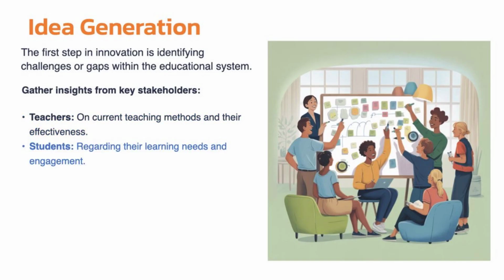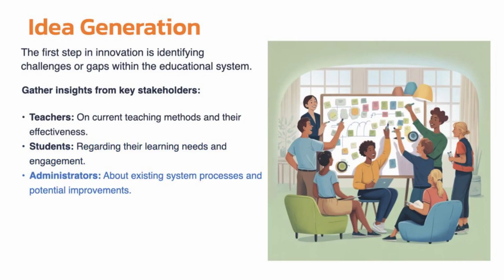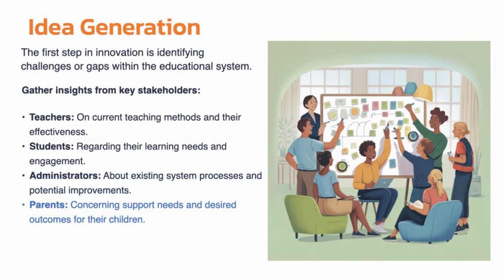Students can tell us what they find engaging, what challenges they face, and which tools help them learn best. Administrators may highlight issues in the system, like outdated processes or ineffective resource use. Parents, too, provide valuable feedback about their expectations and what support their children need.